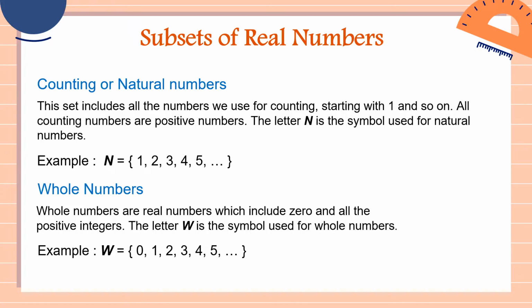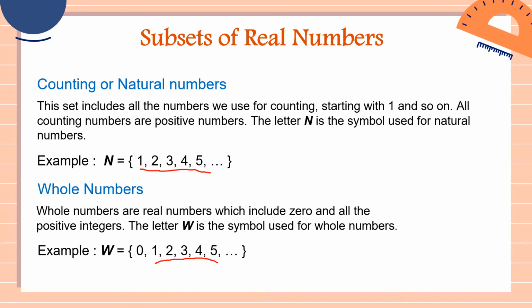Question: why is that? Because all the elements of the counting numbers, 1, 2, 3, 4, 5 and so on, you can also see in the whole numbers. We also have 1, 2, 3, 4, 5 and so on. So counting or natural numbers are a subset of the whole numbers.